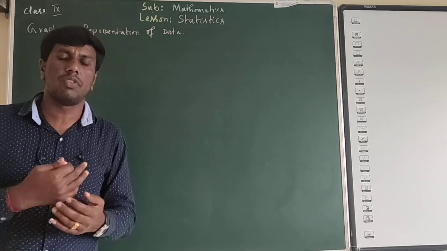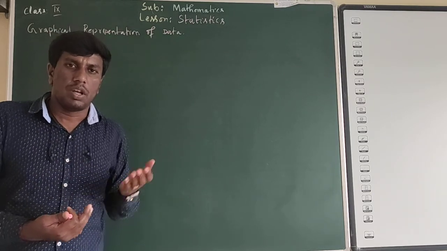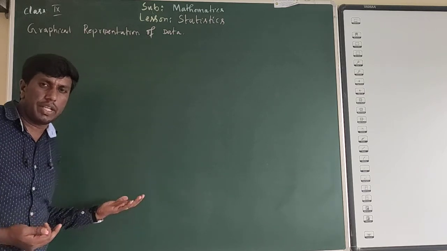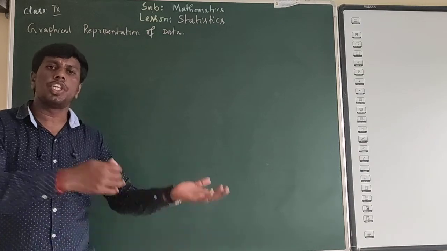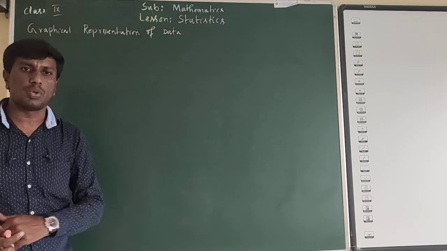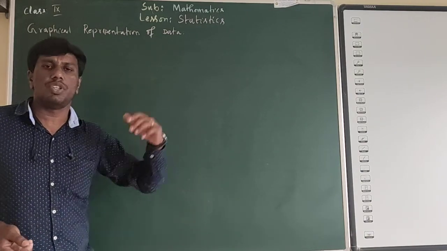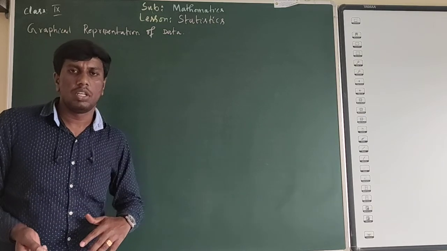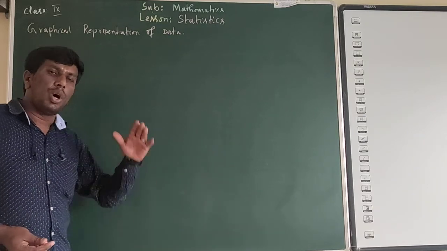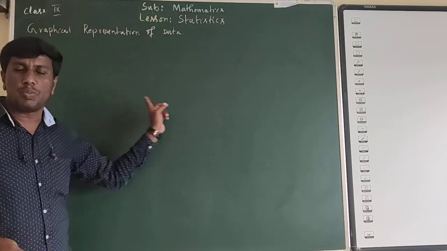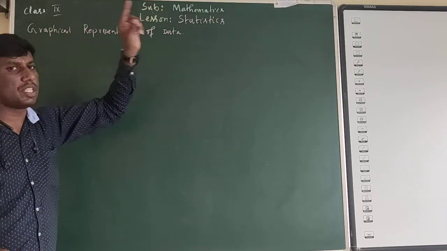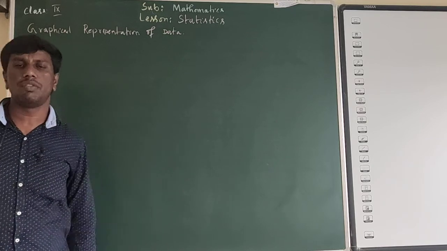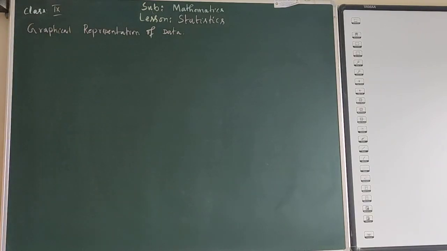First we collected the information, then we organized it in the form of a frequency distribution table, and now we are going to represent the data, the graphical representation of data.